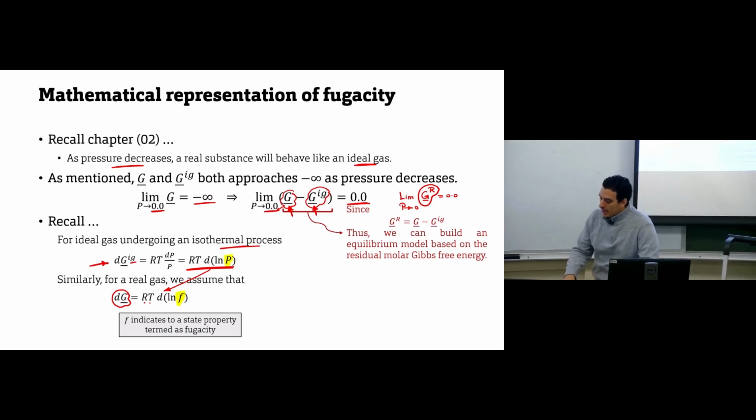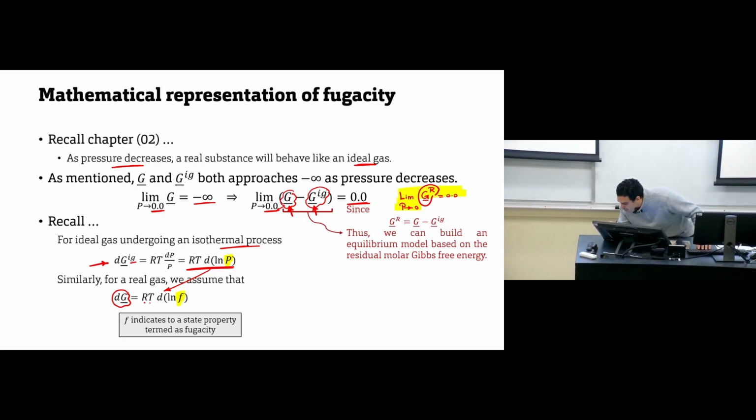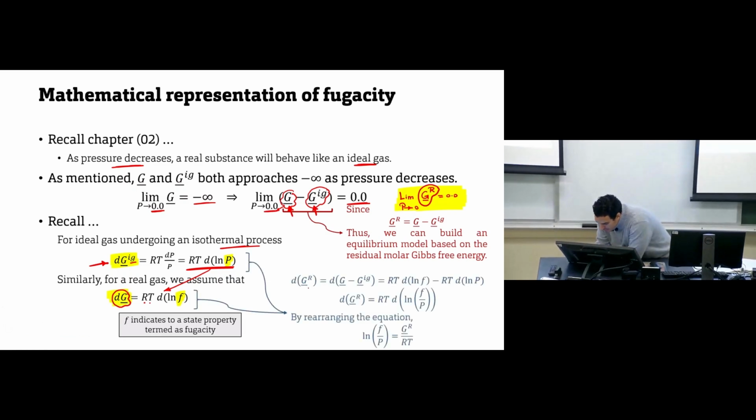If we apply the concept that the limit of the molar Gibbs free energy equals zero, using this equation and this equation here, then the change in residual Gibbs free energy, which is the molar Gibbs free energy for the real substance minus the molar Gibbs free energy for the ideal substance, can be found. Put the first equation for the real substance and the second for the ideal one, and the residual Gibbs free energy is nothing but this equation.